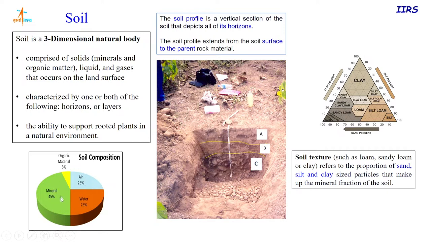So mainly the soil is formed of mineral matter, which is solid material, and this mineral matter is composed of sand, silt, and clay, based on the size of the particles. And if you see the soil texture, this is the soil texture triangle, where we can see there are 12 soil texture classes.